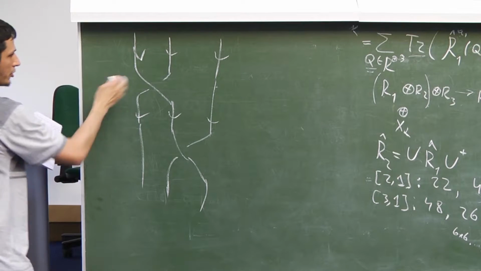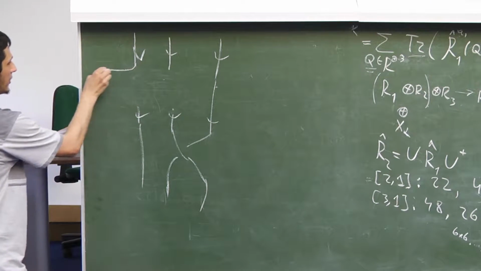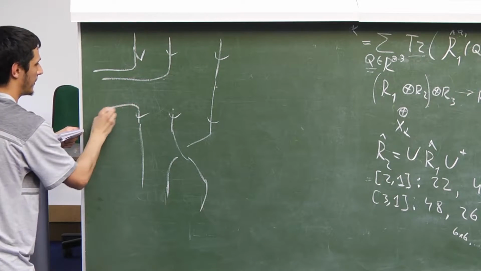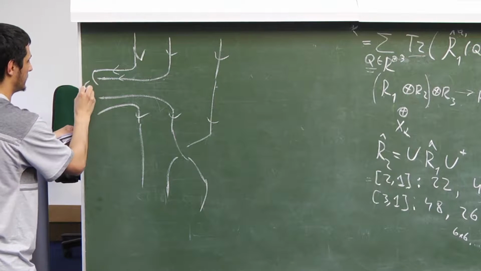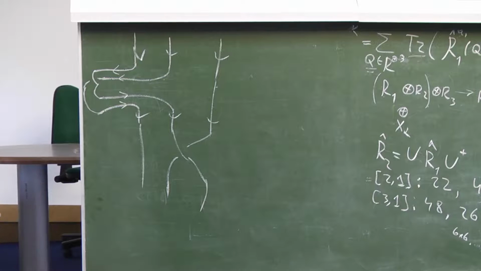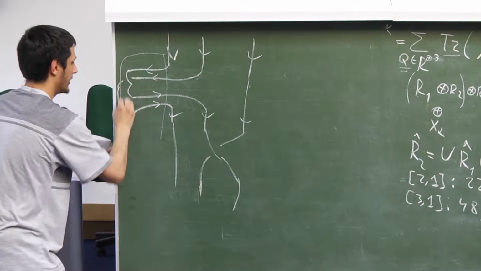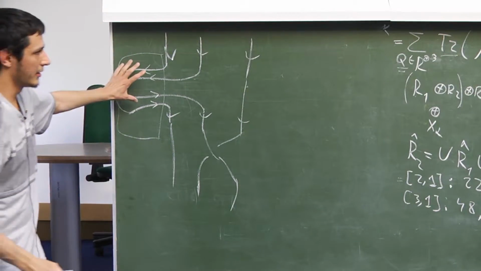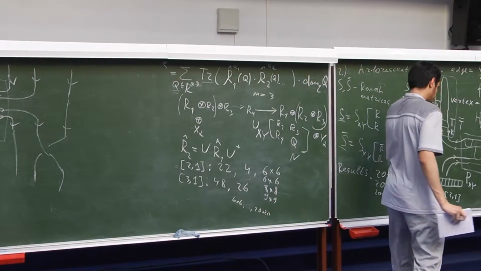And let me redraw this picture in the following way. Here now you can see that I have exactly a 4-strand braid like in this picture.